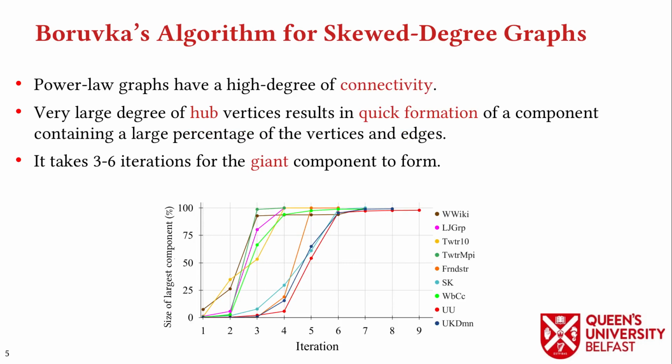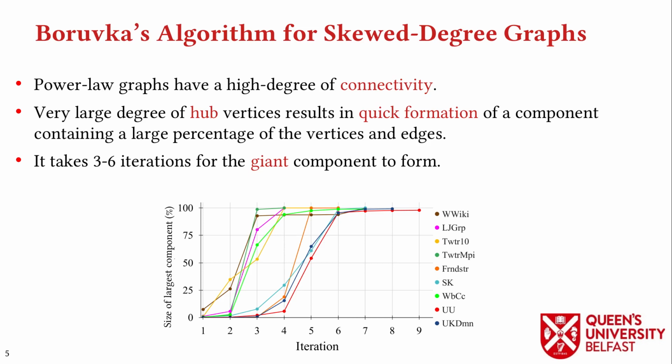Moreover, power law graphs have a high degree of connectivity, and the very large degree of connected hub vertices in these graphs results in quick formation of a component containing a large percentage of the vertices and edges.